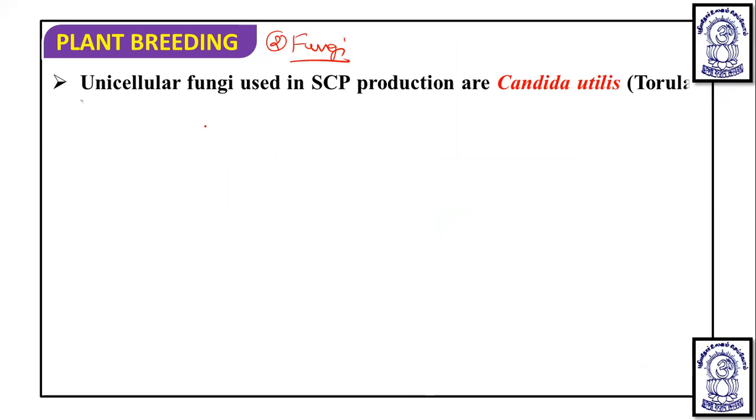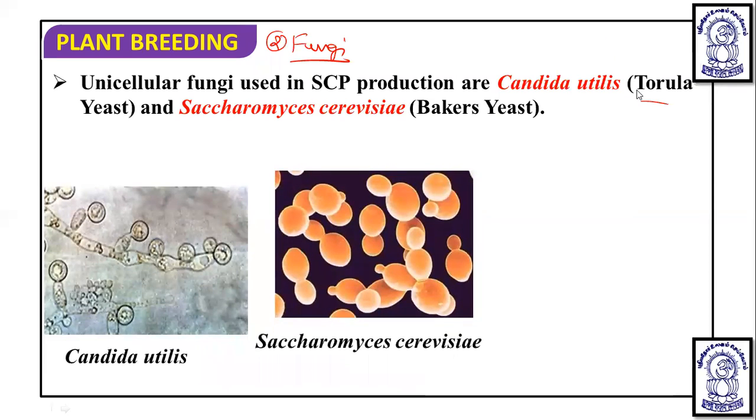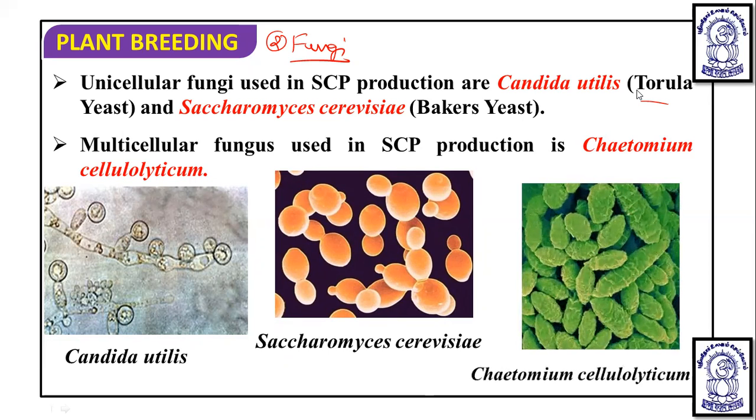So among fungi, the unicellular fungi used for SCP production are Candida utilis, which is a yeast, a torula yeast, and apart from this, Saccharomyces cerevisiae yeast is also used. So this is Candida utilis and Saccharomyces cerevisiae. Apart from this, multicellular fungi such as Chaetomium cellulolyticum are also used for SCP production.